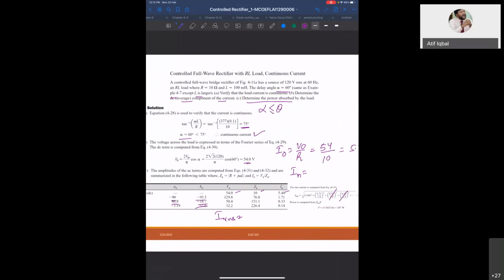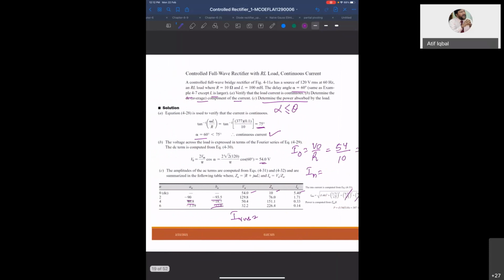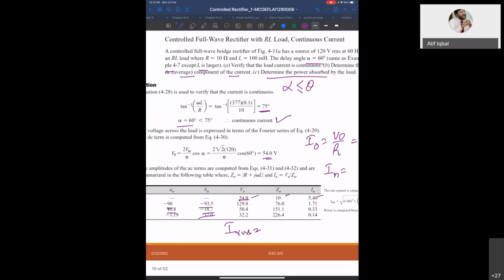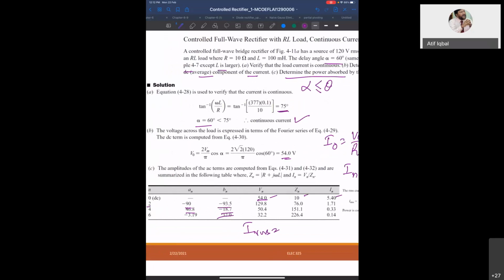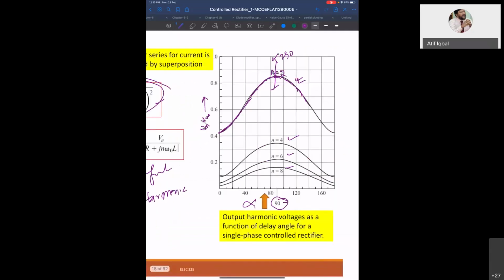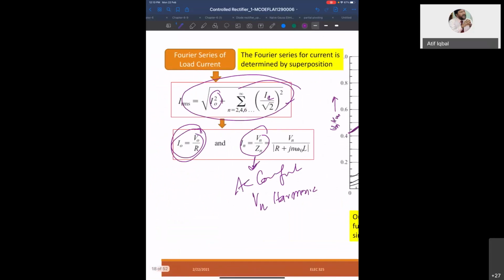The DC value is this. The AC value for the second harmonic is 129.8. How do you get this harmonic voltage Vn? We can use the graph. We'll see later, in the next problem, they have used the graph.